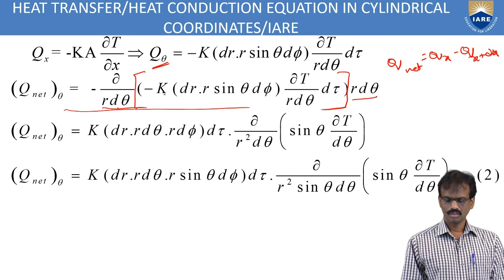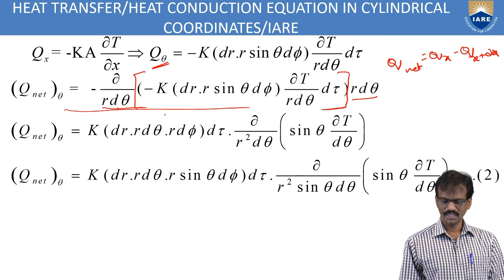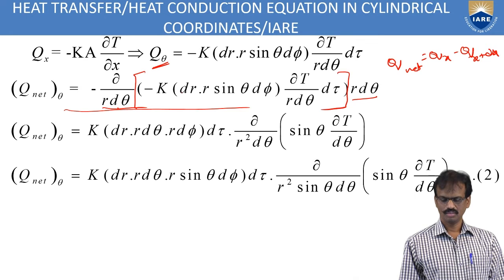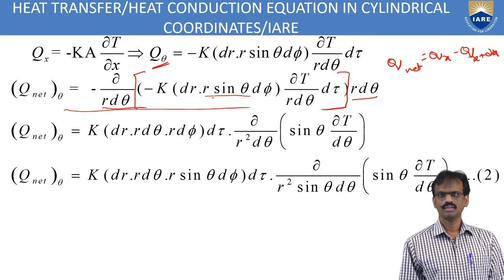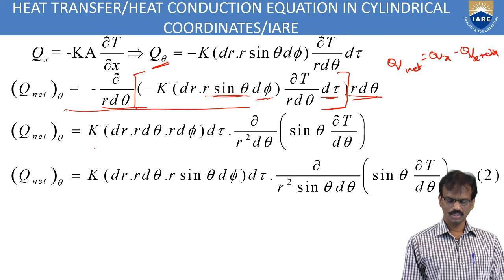The remaining terms you can take out of the brackets. So k is a constant with respect to theta, and dr is also constant. r d theta goes under the derivative portion, and d phi is also constant, and d tau is also constant, so they are out of the brackets and not applicable to the derivative. Here we can take r d theta common.